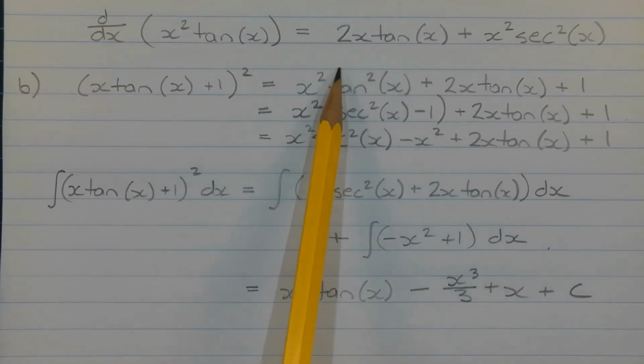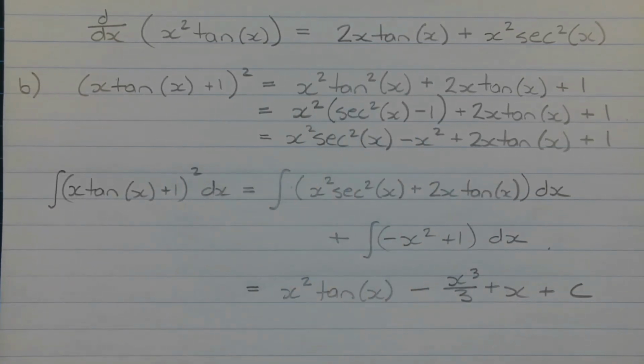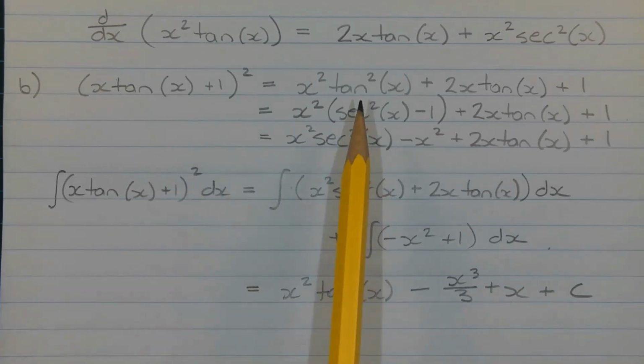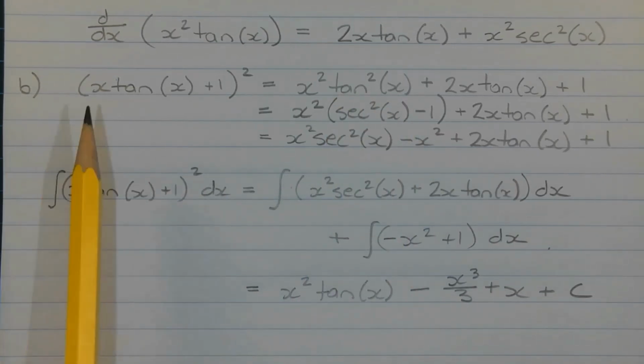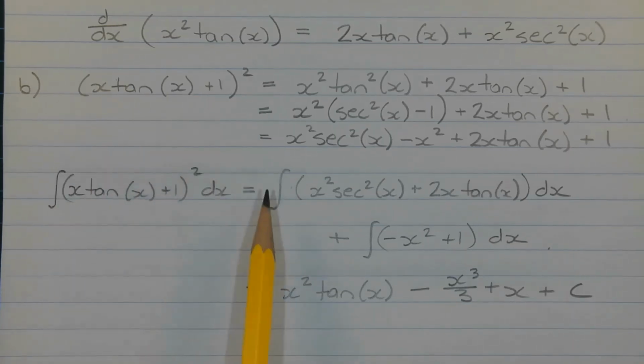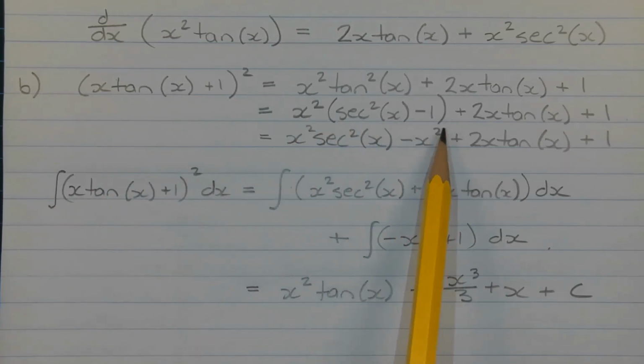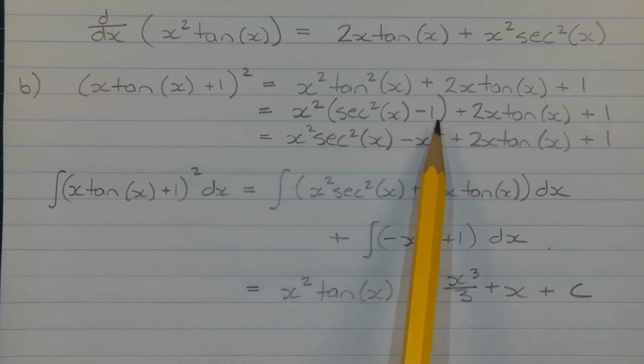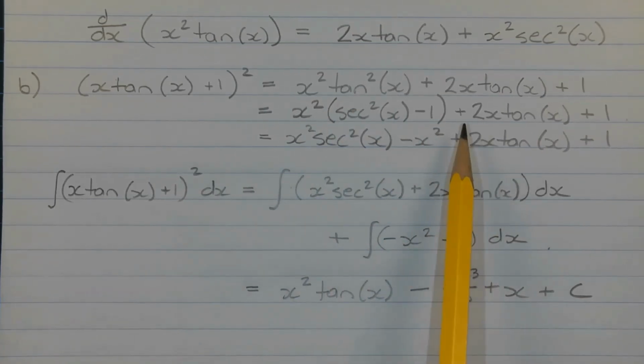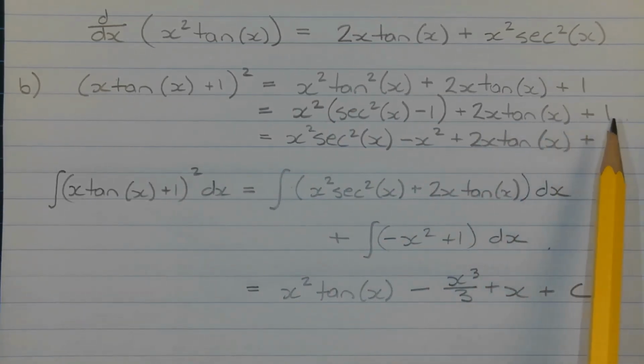We can replace the tan squared x here using a Pythagorean identity, so we can express tan squared x in terms of sec squared x. So (x tan x plus 1) squared is equal to x squared times (sec squared x minus 1), because that's equivalent to tan squared x, plus 2x tan x plus 1.